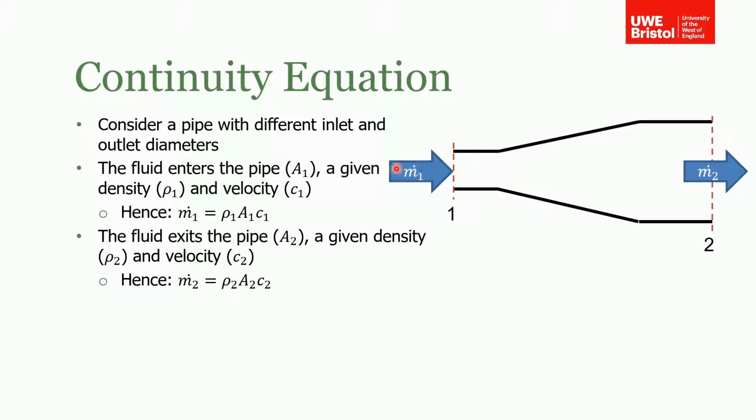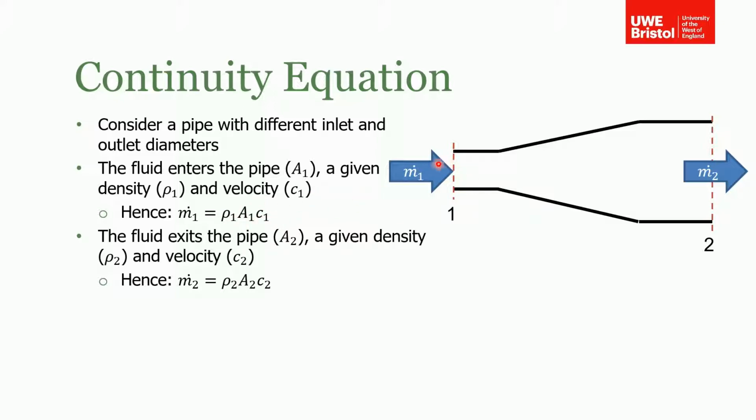The fluid enters plane 1, which has a given cross-section area, subscript 1, a given density and velocity, and therefore, as we know from the previous slide, the mass flow rate into the pipe is rho A C, all with respect to the inlet conditions.